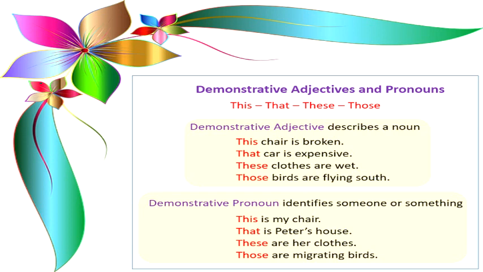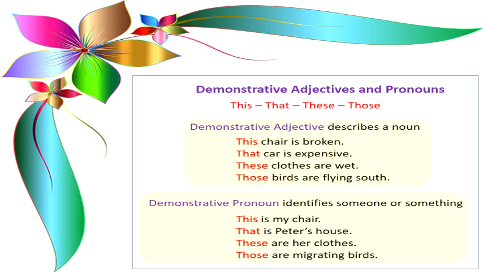This chair is broken. Here the word this is a demonstrative adjective and the word chair is a noun. That car is expensive. Here the word that is a demonstrative adjective and the word car is a noun with it.